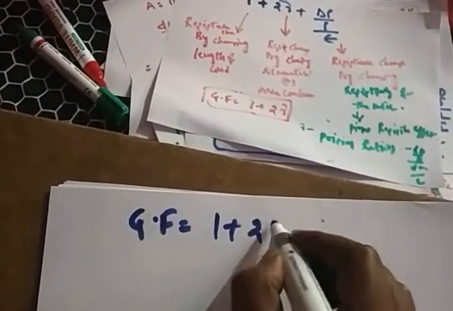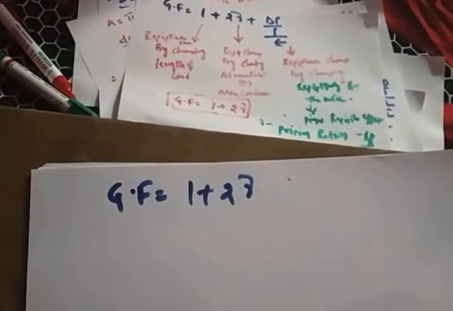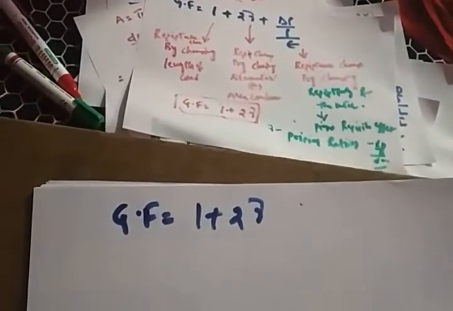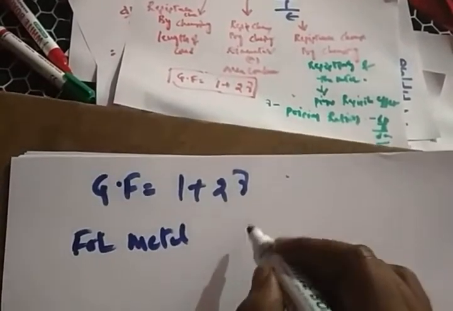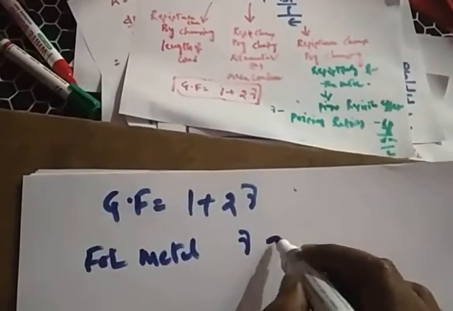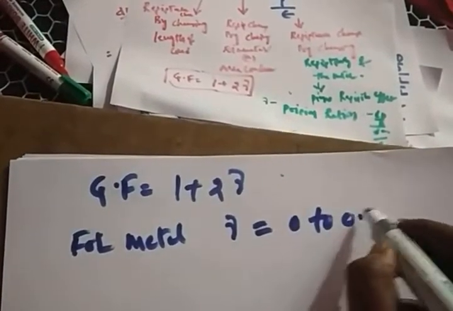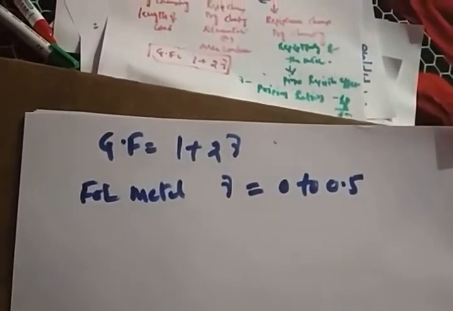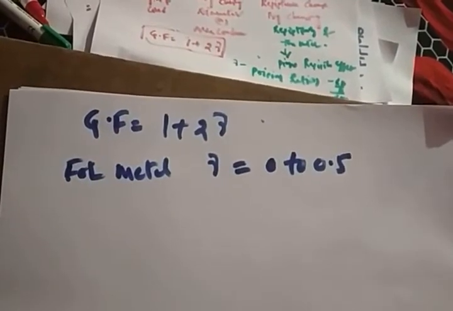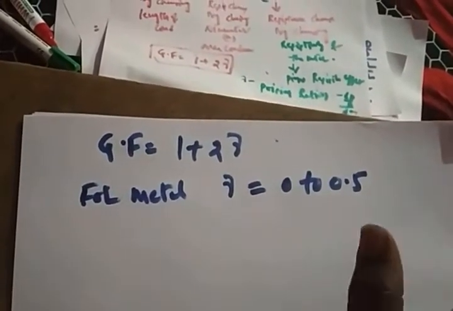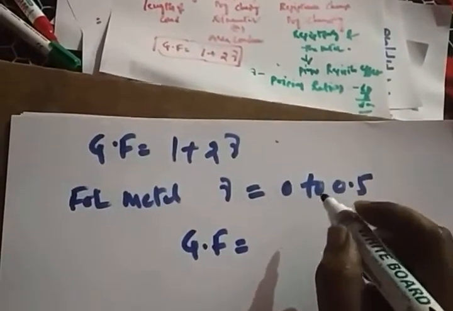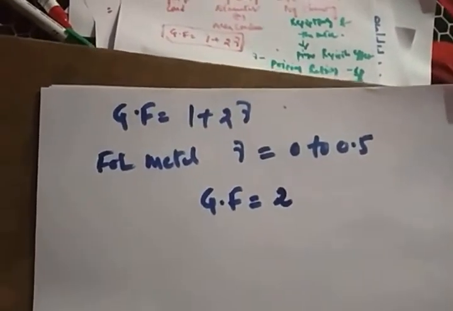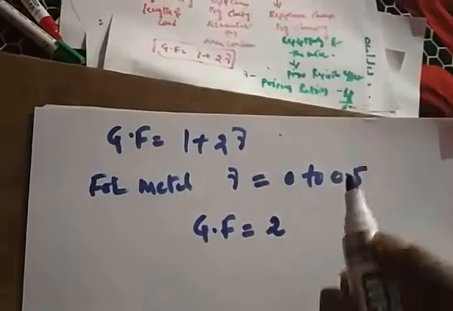Now we'll discuss the gauge factor for different cases. See, gauge factor is equal to 1 plus 2 gamma, neglecting the resistivity of the materials. For metals, the gamma value is 0 to 0.5. So if you use a metal, the gamma value will be 0 to 0.5. In that case, your gauge factor is around 1 to 2.